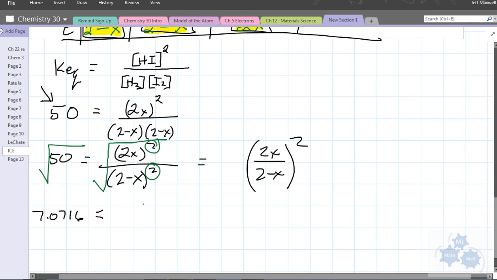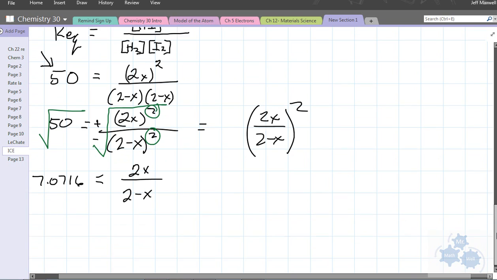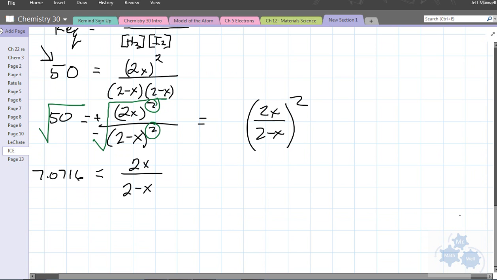But what that means now is we have 2x over 2 minus x. And we'll just use the positive version here, of course, because mathematically it would technically be plus or minus, but we'll just do that. So this is looking like a pretty straightforward equation, like you get in elementary school, probably. So we multiply both sides by 2 minus x.